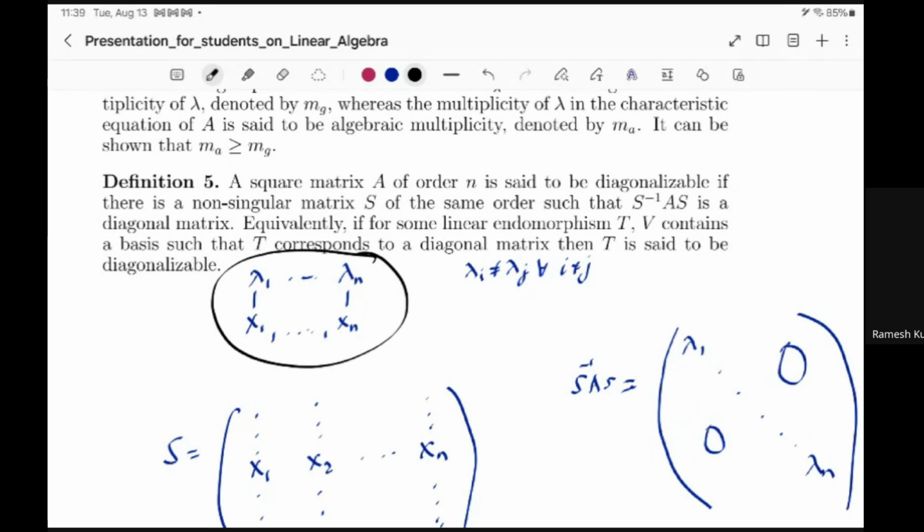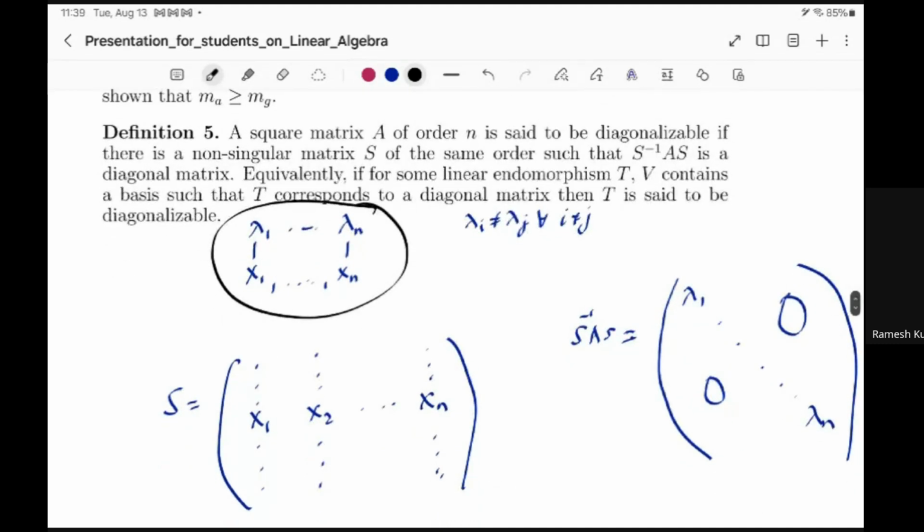Then you will get enough linearly independent eigenvectors to construct the matrix S. And then you do S inverse AS to get that, where the ordering appears in exactly the way you're arranging the columns. So if you write x1 first, then you get lambda 1 first. If you take x2 first, then you get lambda 2 as the second element, and so on. Okay, so it's surprisingly well behaved.